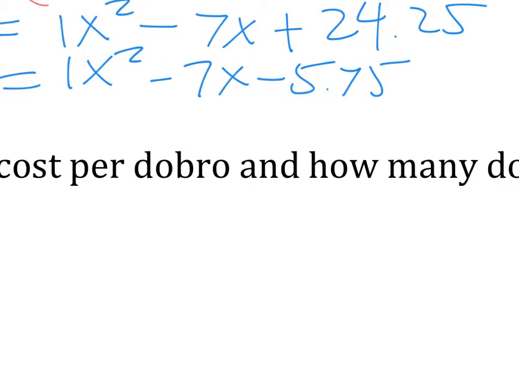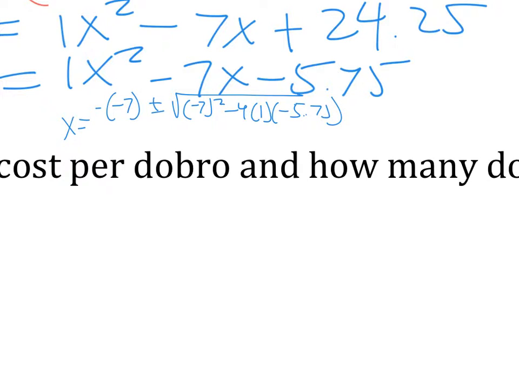So we have x equals negative b, which is negative negative 7, positive 7, plus or minus the square root of negative 7 squared minus 4 times a times c, negative 5.75, all over 2a.